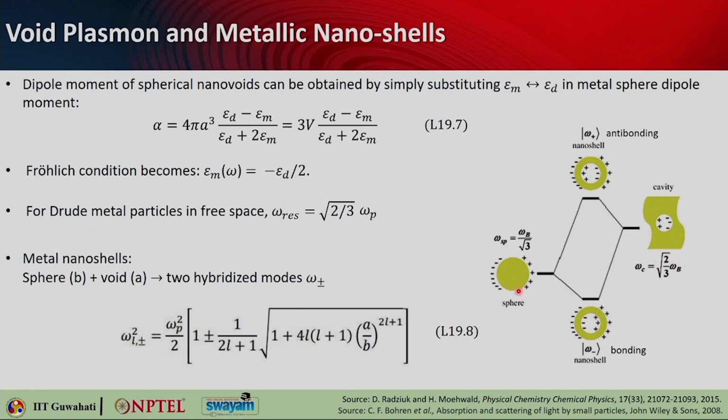Now there are two possible hybridized modes for these two things to come together and create a shell. So, this is called a nano shell. In nano shell there are possibilities that they are in the anti-bonding kind of orientation, where the outside dipole and the inner dipole are in the opposite direction, or you can also have the case where the outside layer has plus charges, then this side also has negative charges, they create one dipole.